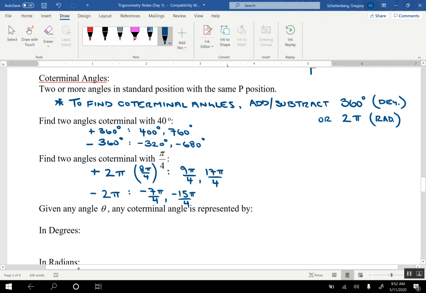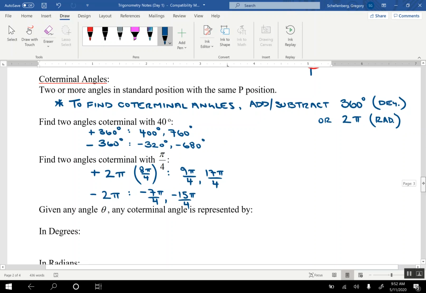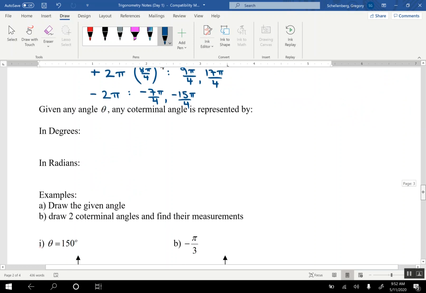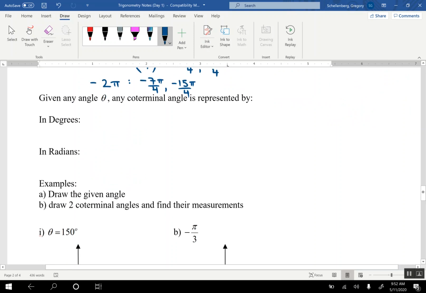Given any angle theta, any coterminal angle is represented by this, and we call this a general solution. In degrees, we could say theta plus 360 times n, where n is an element of Z. That probably looks somewhat familiar.